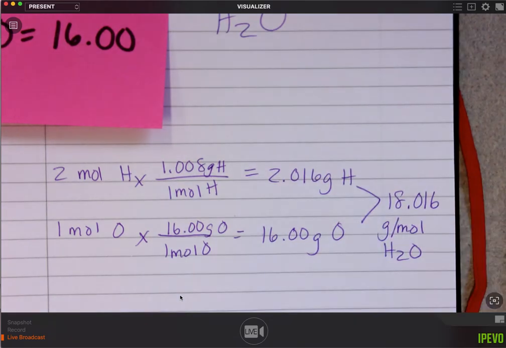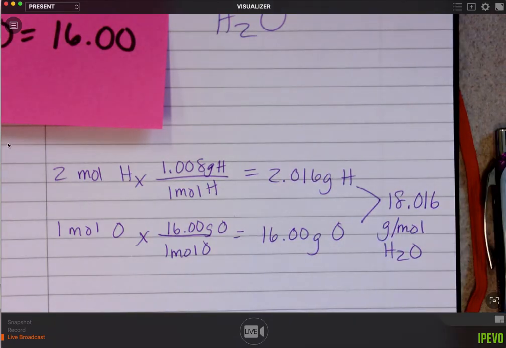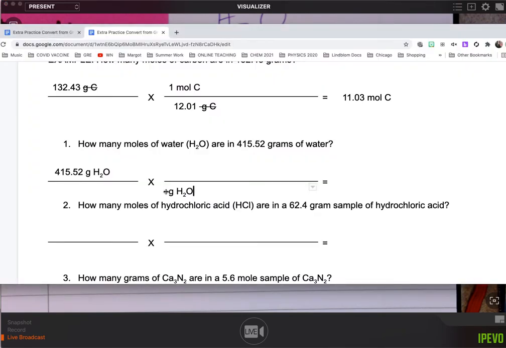Now I'm going to go back to my work. I have a number that I can plug in here: 18.016 grams of water for every 1 mole of water.